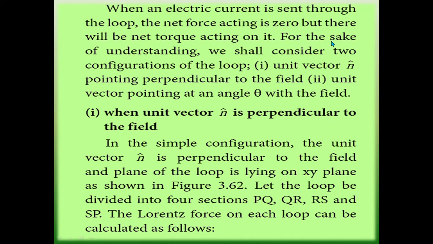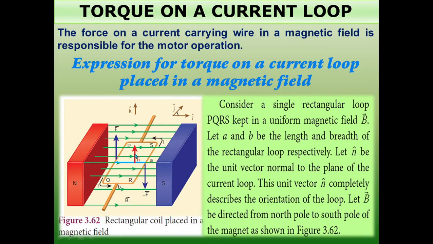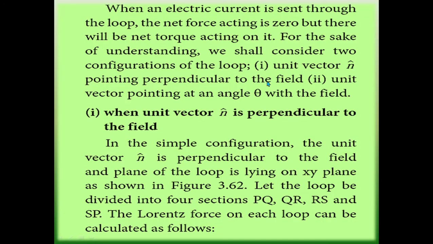For the sake of understanding, we shall consider two configurations of the loop. One is the unit vector n cap pointing perpendicular to the field. This is the n cap direction, perpendicular to the magnetic field. The second is the unit vector pointing at an angle theta with the field.